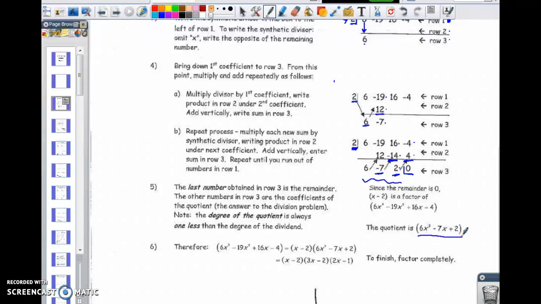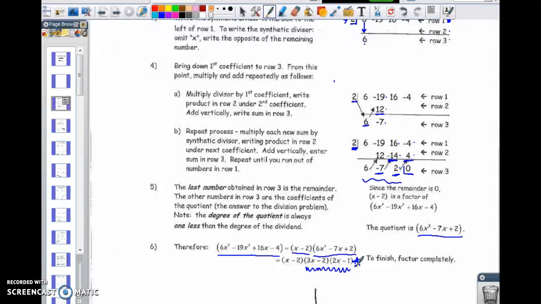So 6x cubed minus 19x squared plus 16x minus 4 equals x minus 2, which was our divisor, times our quotient, 6x squared minus 7x plus 2. Now, if we wanted to factor this all the way, we could do divide, simplify, slide to get these other two factors, 3x minus 2 and 2x minus 1. This line here is the fully factored form of the original dividend, 6x cubed minus 19x squared plus 16x minus 4.